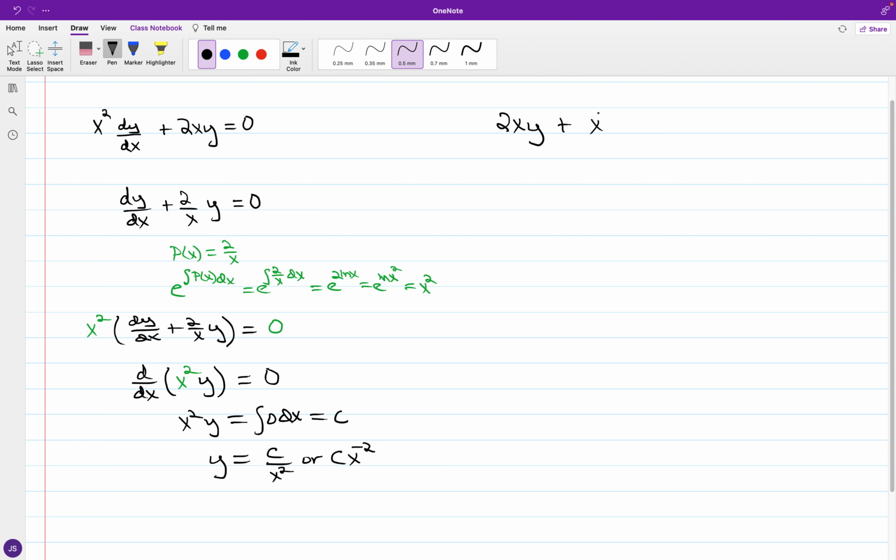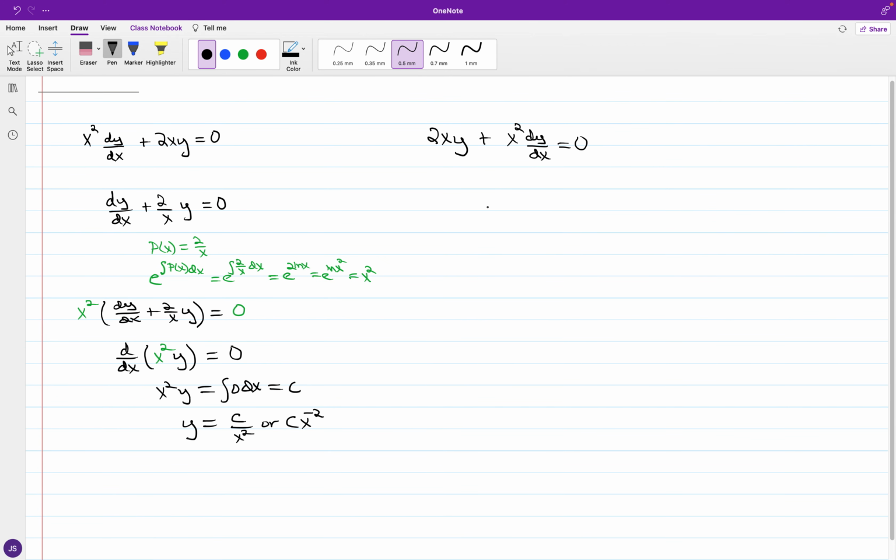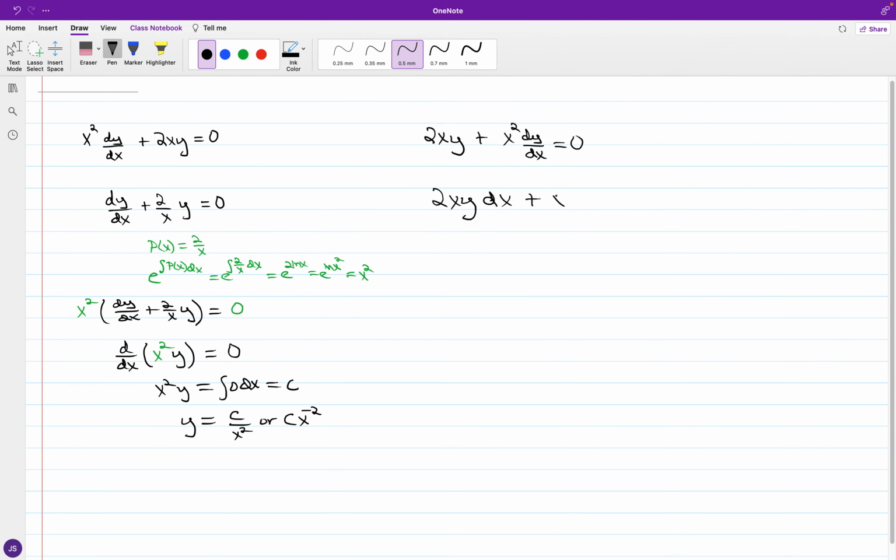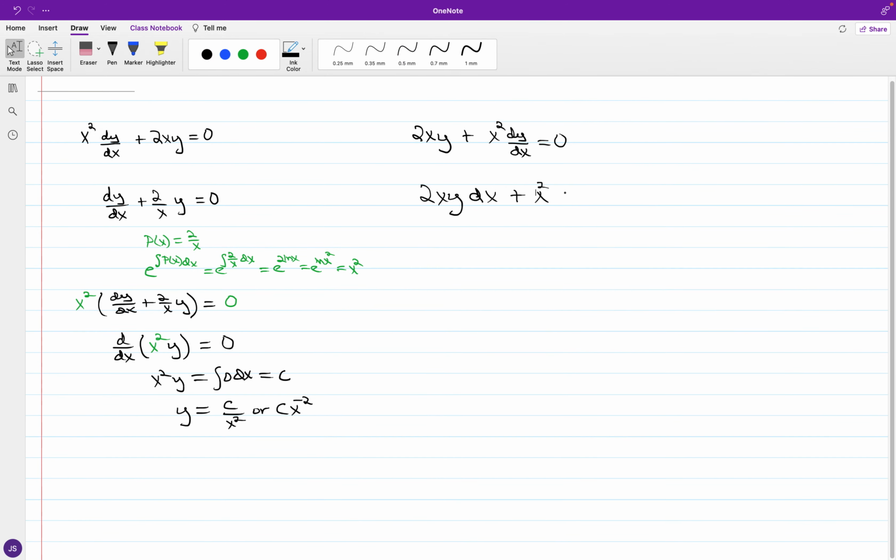Let's say I had 2xy plus x squared dy over dx is equal to 0, and again just multiplying by dx, I have 2xy dx plus x squared dy is equal to 0.